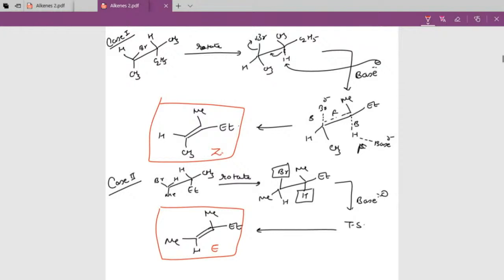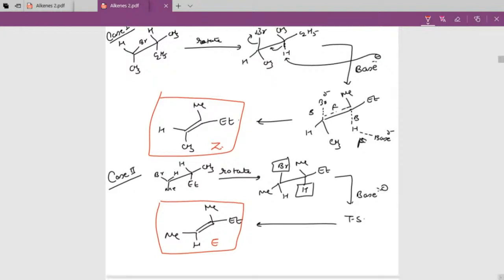So if I'm starting from one particular type of optical isomerism, I'm ending up with a particular type of stereoisomer of GI. And this is what is called stereospecificity and stereoselectivity. So E2 reactions are certainly very stereospecific and stereoselective. It is not that all will be formed always as a major product.